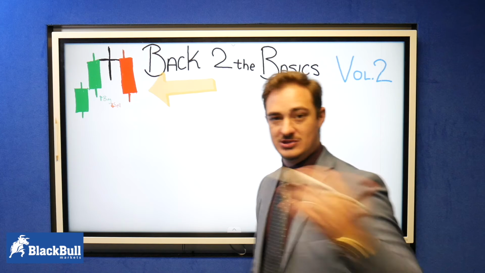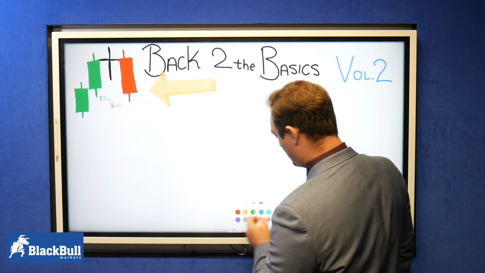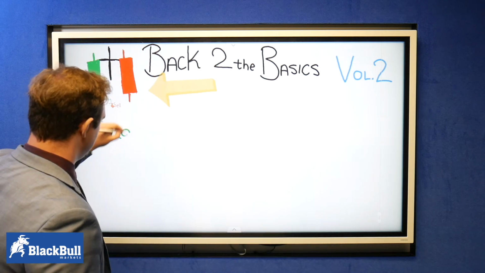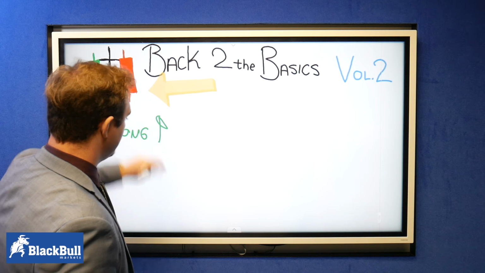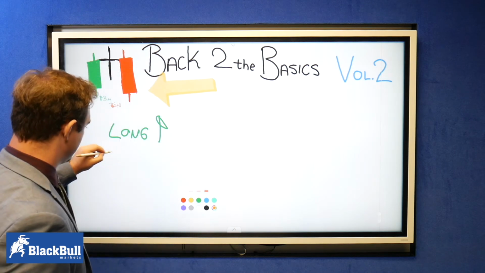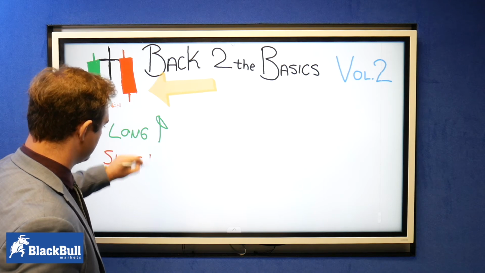All right. So that's just a quick thing. Another bit of terminology we want to keep in mind: if someone talks about a long position, long, they're talking about a buy. If they're talking about a short sell or a short, they are talking about a sell. So short equals sell.